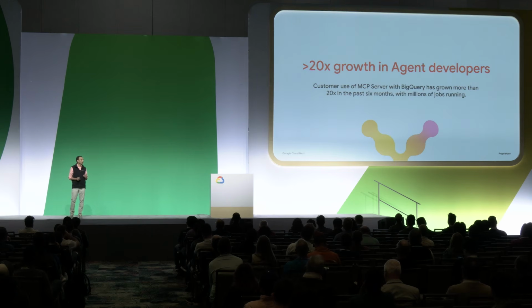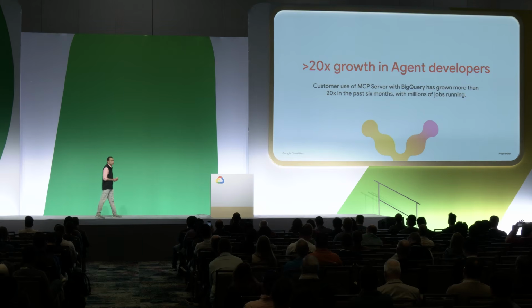In fact, all across our tools, just in the last 6 months, we have seen 20x growth in agent developers working with us. And it keeps growing. This is where we're getting millions of queries coming to BigQuery every month through our agentic connectivity and integrations.